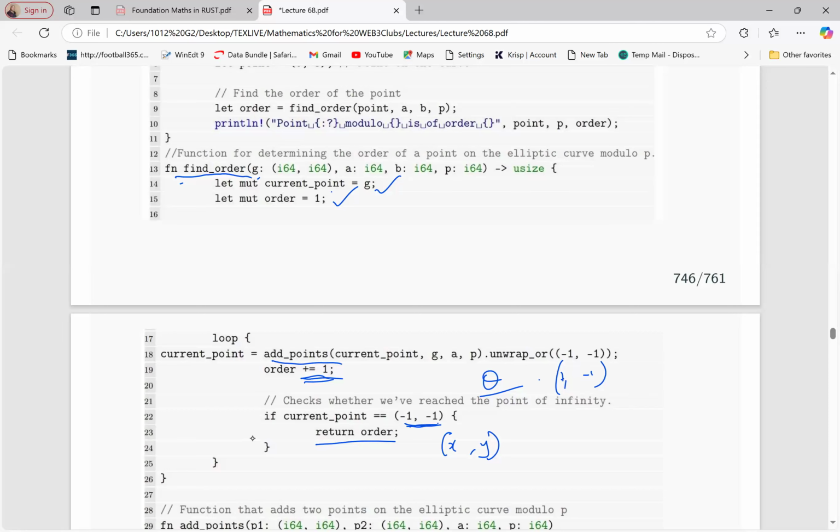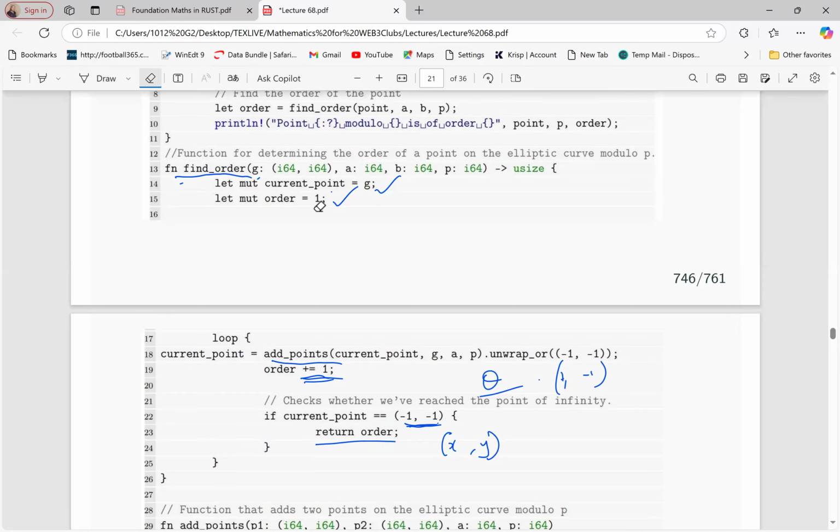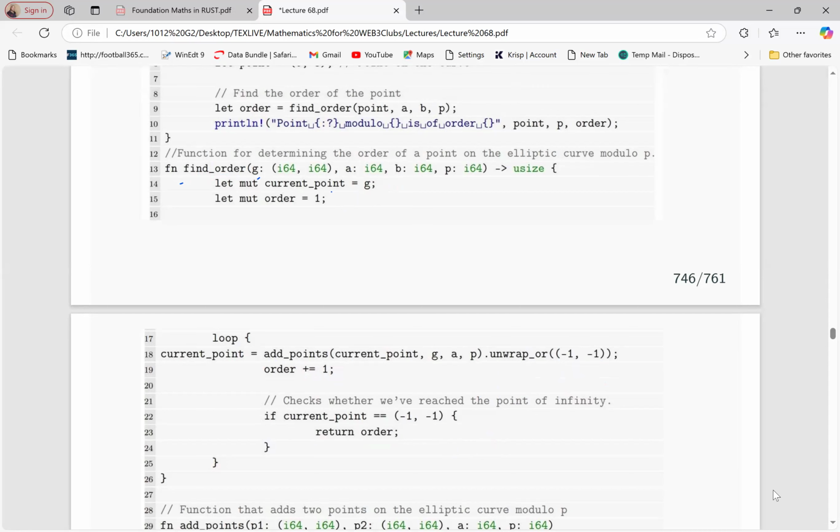So when you reach -1, -1, you exit the loop because you've reached infinity. That is the only point I wanted to emphasize there, because it must be a point on the curve. Of course, we know that infinity is not there, but I have used -1, -1 so that we have a point on the curve.